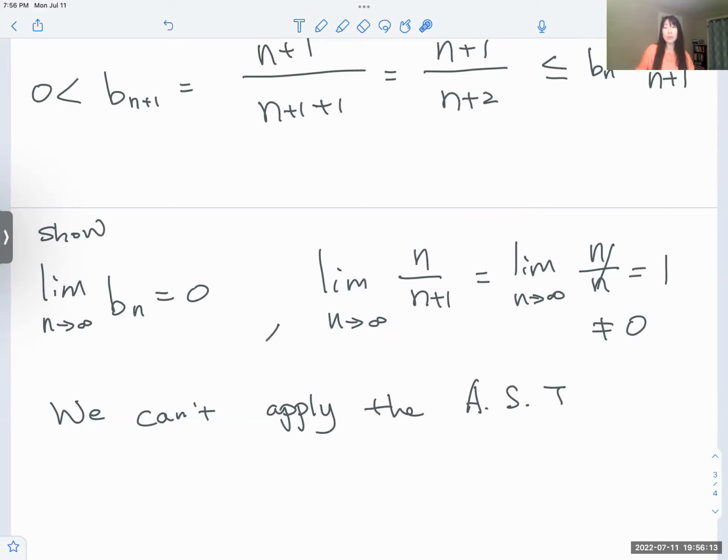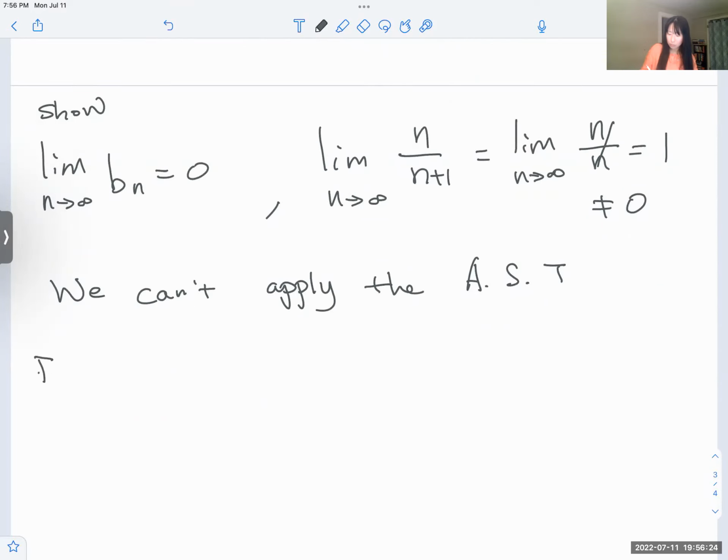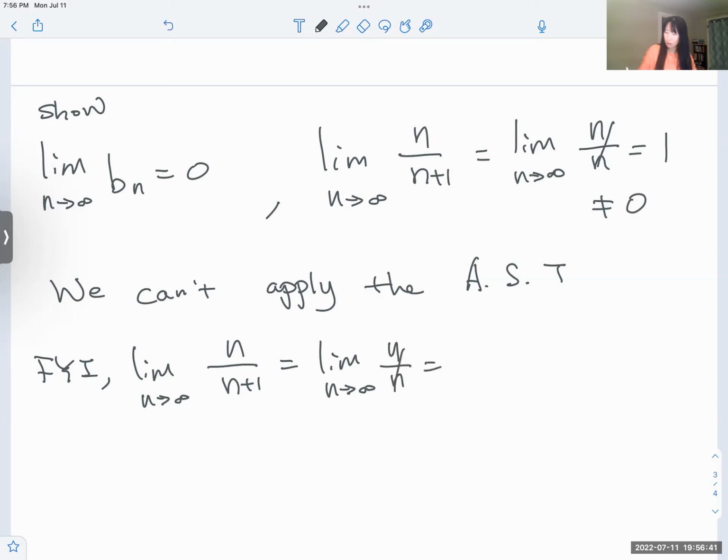Take the limit. For your information, the limit as n approaches positive infinity of n over n plus 1 equals 1.